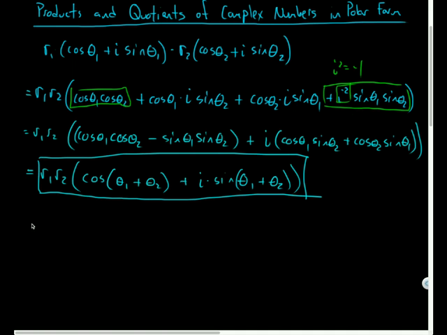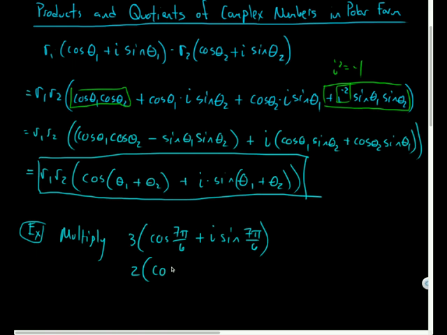So let's do an example of this. That was just deriving it. Let's multiply the following. What if I've got 3 times cosine 7 pi over 6 plus i sine 7 pi over 6, and I want to multiply that by 2 times cosine of 2 pi over 3 plus i times sine of 2 pi over 3.